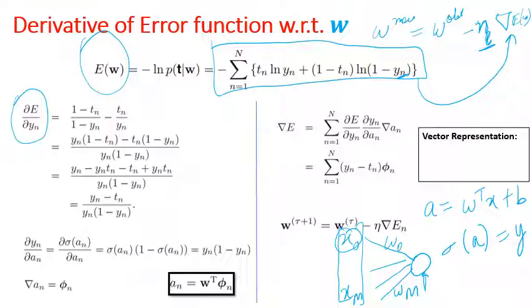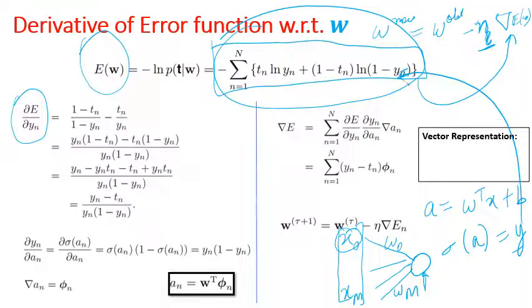Now we want to take a derivative of our error. Once you get a prediction y, then your error was this. You feed this prediction into this function and you get an error. So step by step, you first take a derivative of this error function with respect to y. That is the first step.